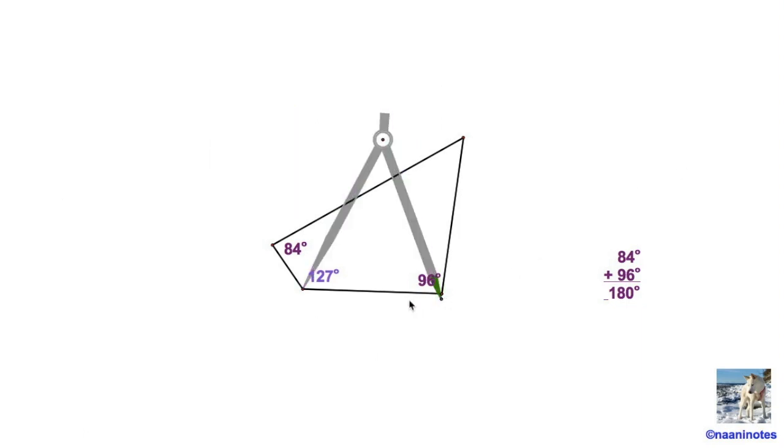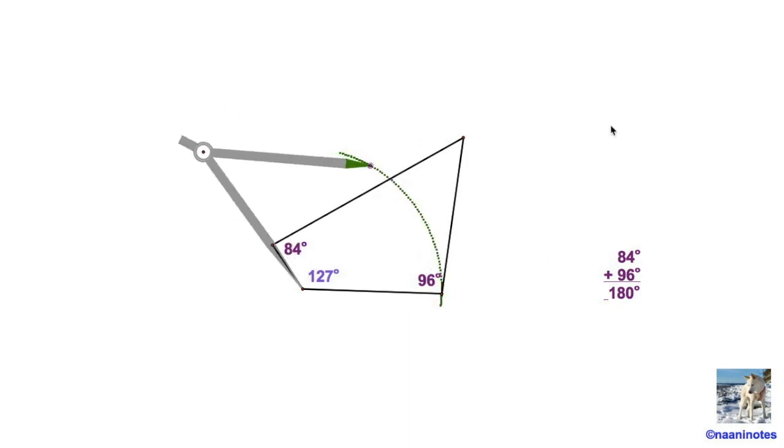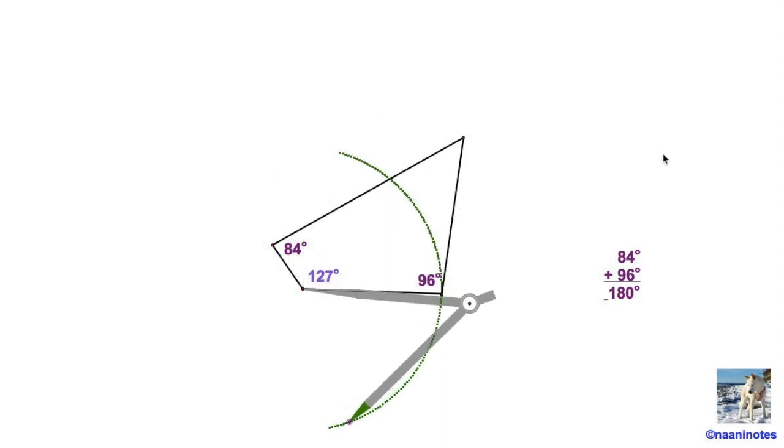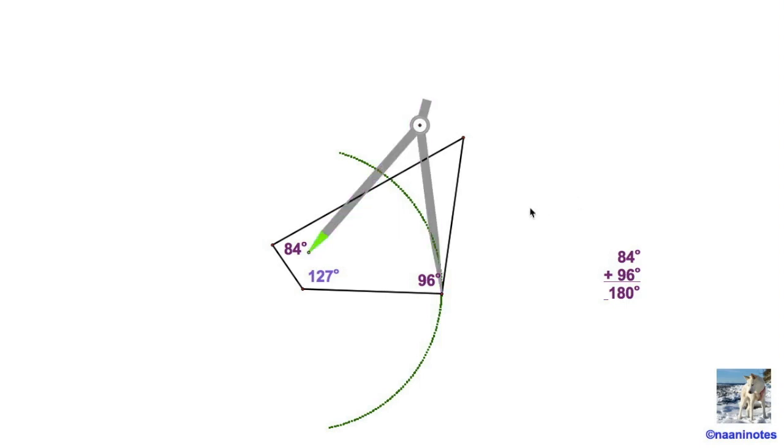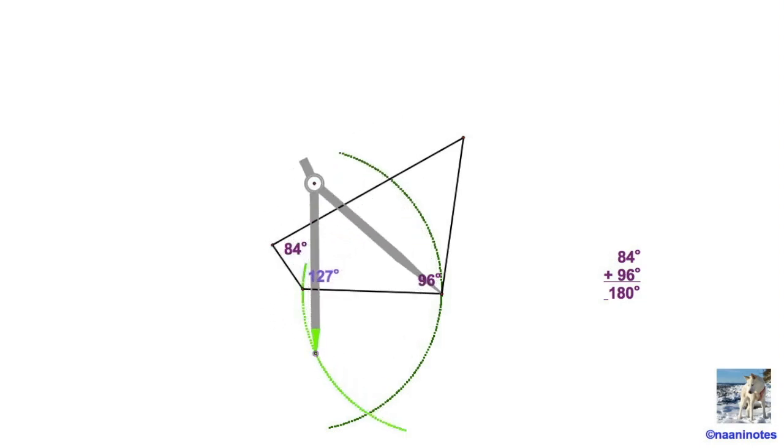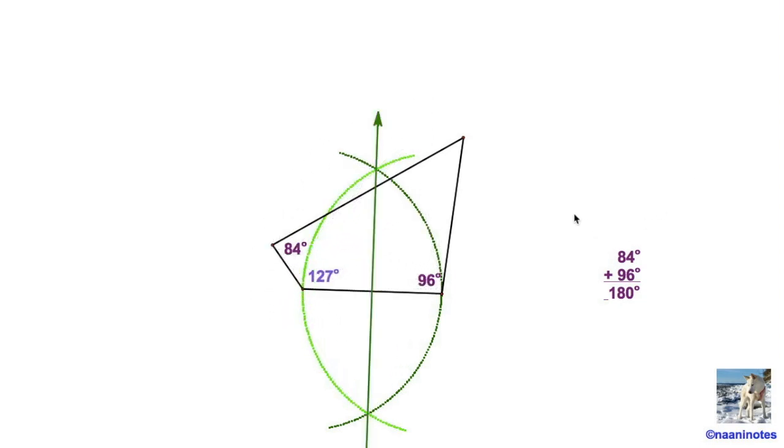We'll do the perpendicular bisector here, gap the compass there, give it a swing, and then we're going to flip our compass over, gap it back the other way, and let's give that a swing. Now, see how useful that perpendicular bisector construction is. And there you go. That's one.